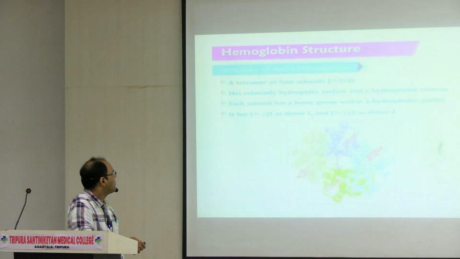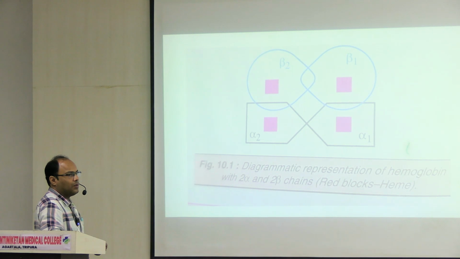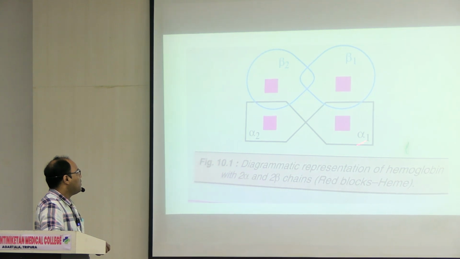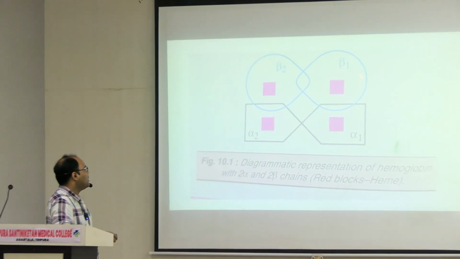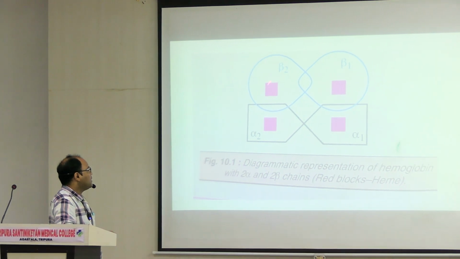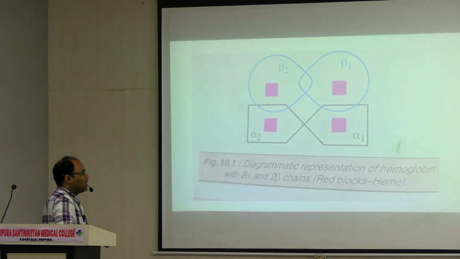Okay, next. Hemoglobin structure. This is a complex thing. I am giving you some shorter version. So you can see hemoglobin is tetrameric. There are 4 globin chains: alpha 1, alpha 2, beta 1, beta 2 globin chain. In the center of the globin chain there is the heme group.